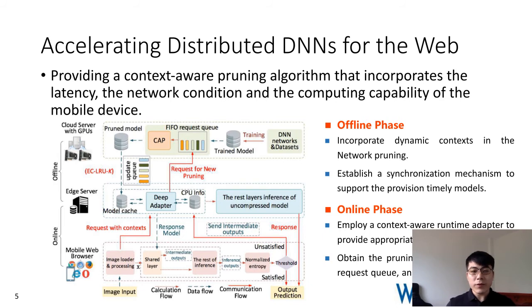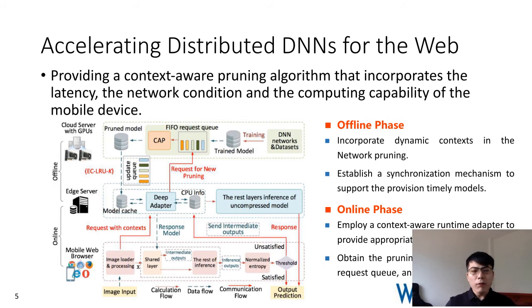In this figure, we show the DeepAdapt framework across the mobile web, the edge server, and the cloud server, which contains offline and online phases. The offline phase consists of network pruning and model cache updating, and DeepAdapt employs a context-aware runtime adapter, providing a pruned model that will be optimal for the mobile user by monitoring the network condition and incorporating the CPU frequency of the mobile device.